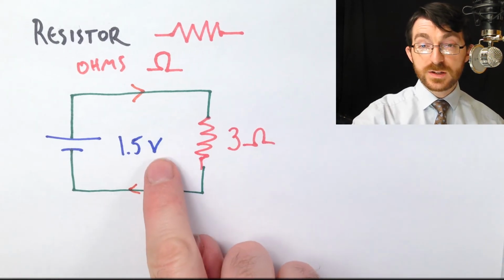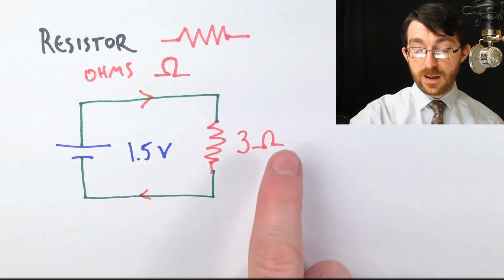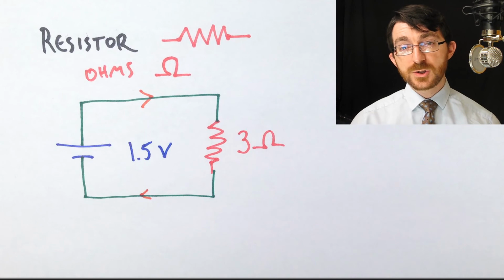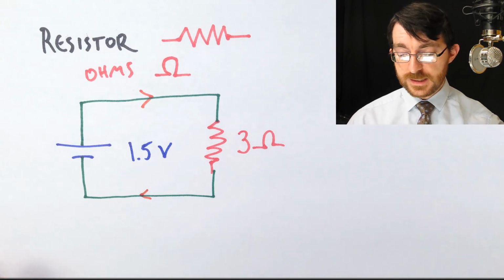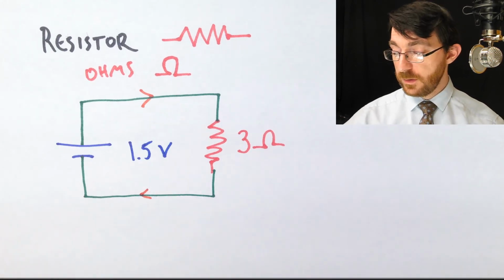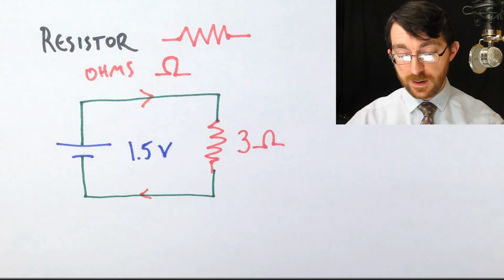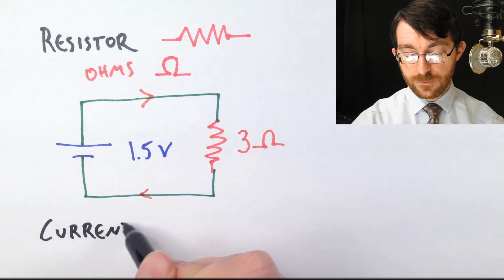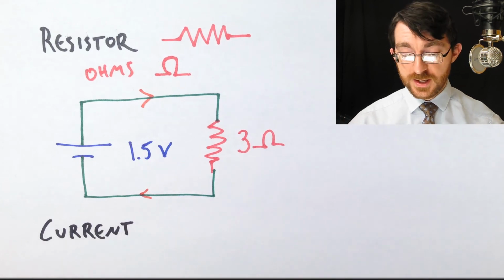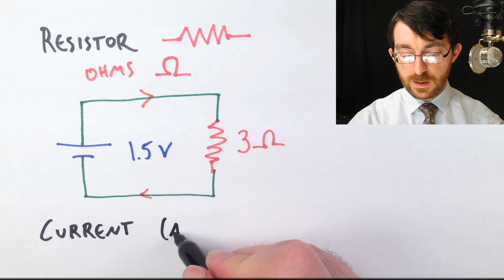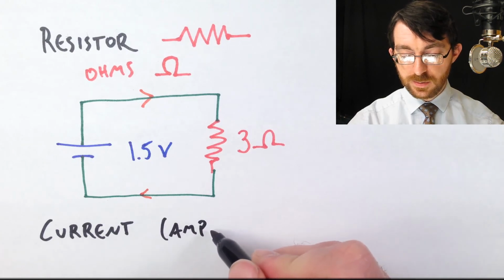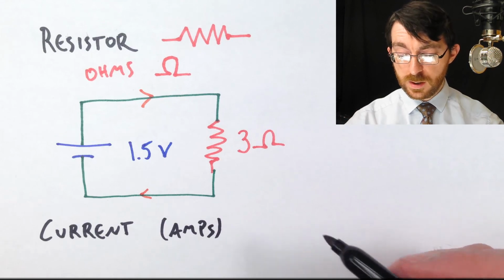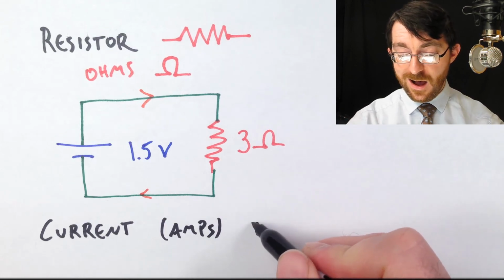Now I've got a voltage, I've got a resistance, and now that it's actually connected, there's electricity flowing. This is the last thing that we need to add to our list of vocabulary. It's current. And that's the flow of electricity. It's measured in a unit called amperes, which is abbreviated as amps. And the symbol for current is I.